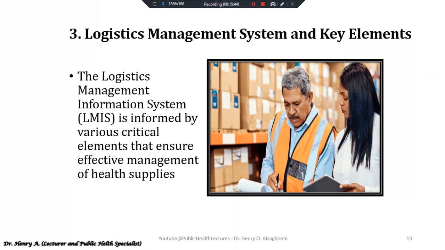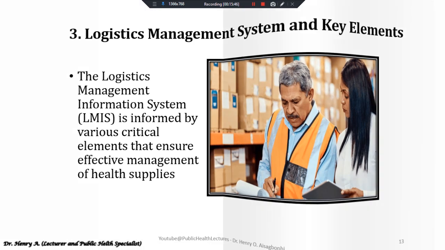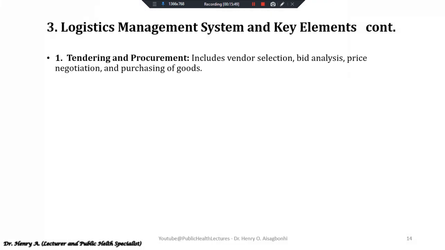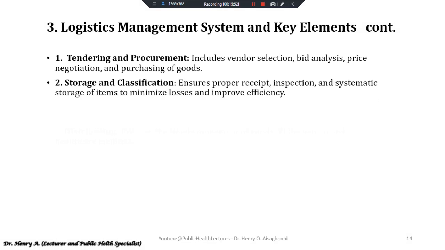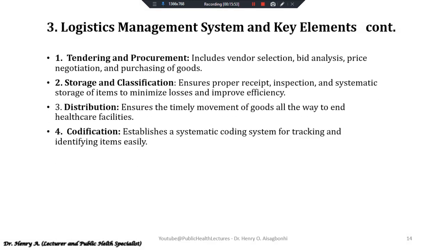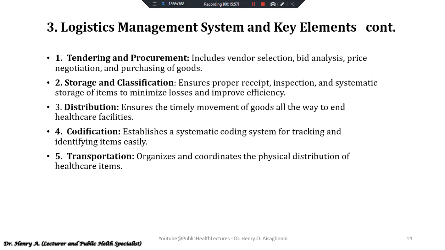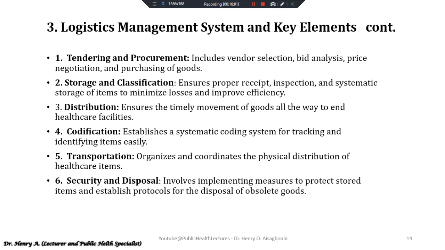And here are the key components that you must understand. Tendering and procurement, storage and classification, distribution, codification, transportation, and security and disposal.